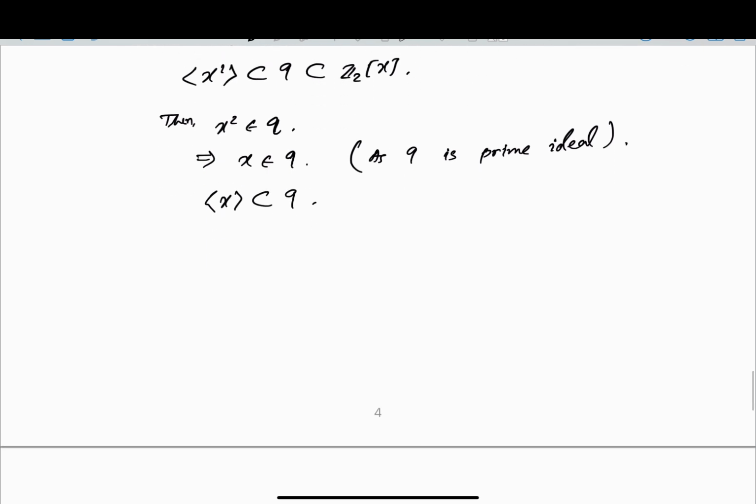Now we'll again show, as earlier, that the ideal generated by x is a maximal ideal in Z2[x].